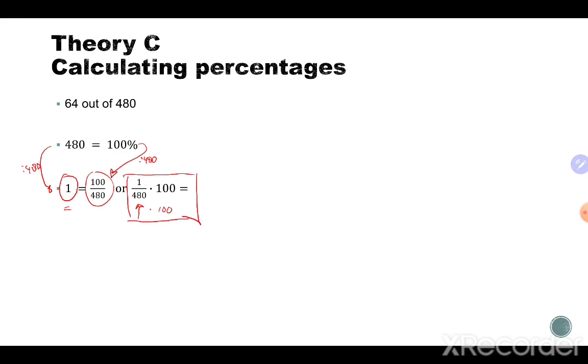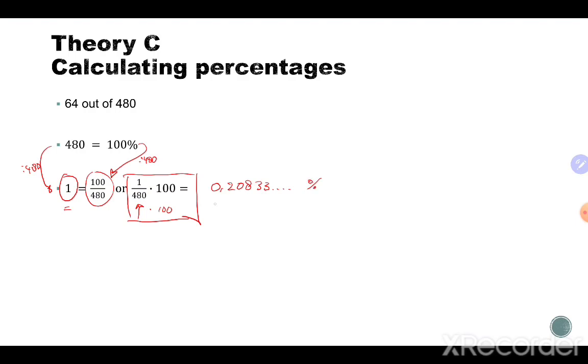Yeah, so if you want to know what is 1, how many percent is it, then you just say 1 over 480 multiplying with 100, and then you will find in your calculator 0.208333 etc. percent.